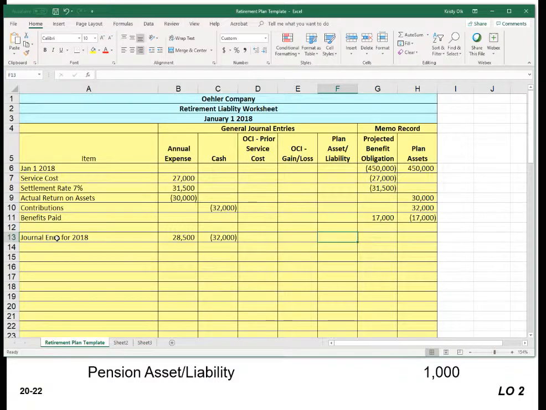We have nothing in any of the rest of these. So this gives us an entry needed of, or a balance entry of $3,500, as a debit.